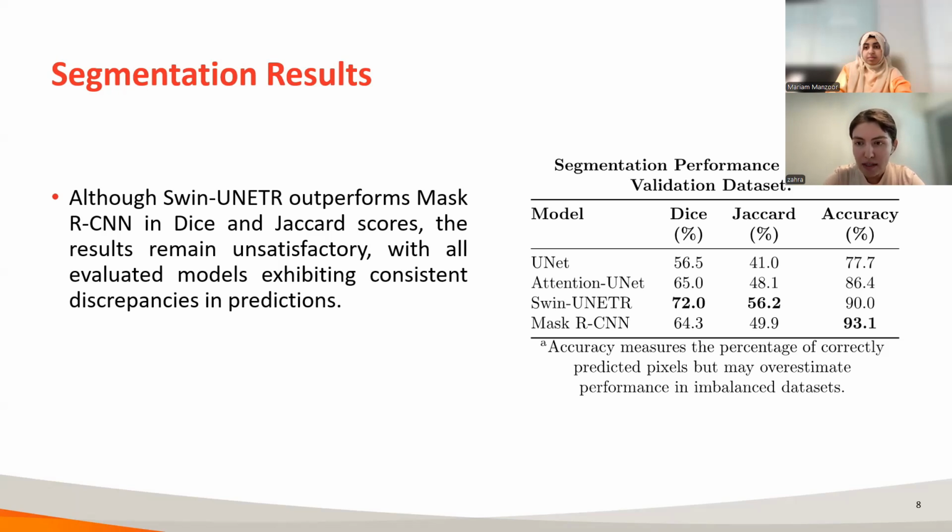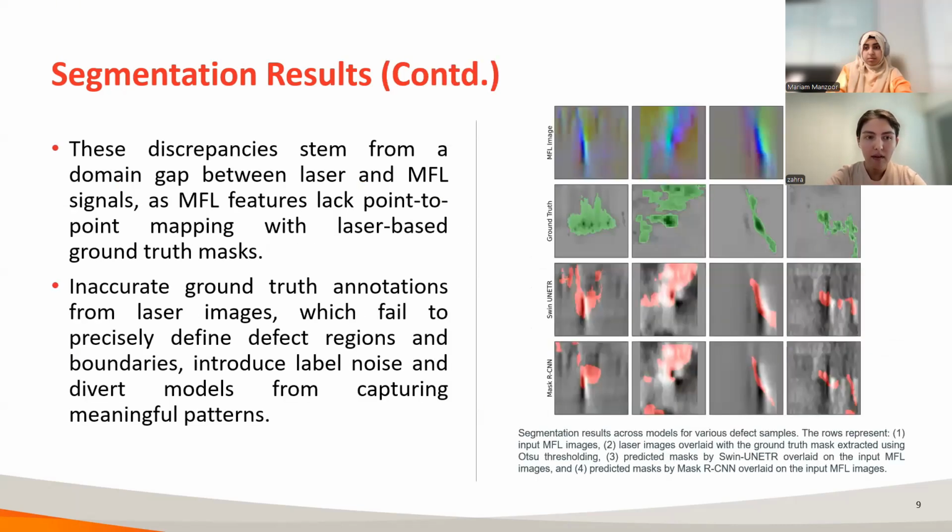You can see the scores of Dice, Jaccard, and accuracy for all models here in the table. Although Swin U-Net R outperforms Mask R-CNN in Dice and Jaccard scores, you can see the results remain unsatisfactory, and we see a consistent discrepancy in all models that I'm going to explain in the next slide.